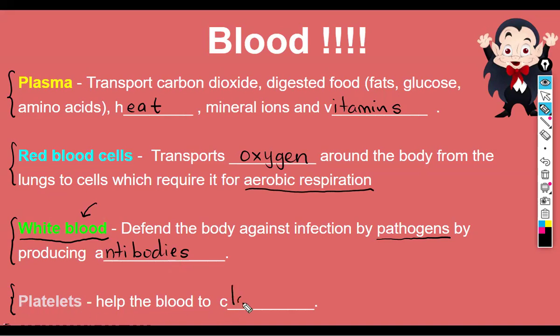Platelets help your blood to clot. When you get a cut, the cut is supposed to stop bleeding after a while. There's something in your blood called platelets that usually go to the bleeding area and stop the bleeding, and that's called clotting. Take 30 seconds, take down all my answers, and of course, we will move on just now.